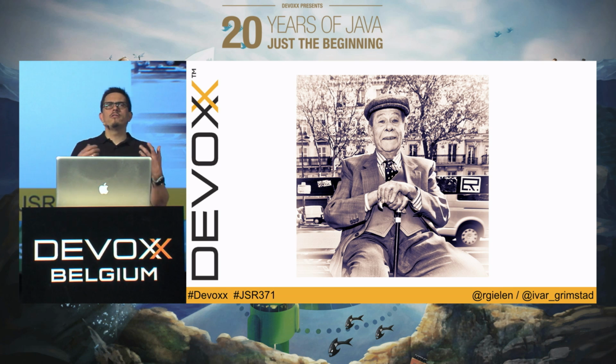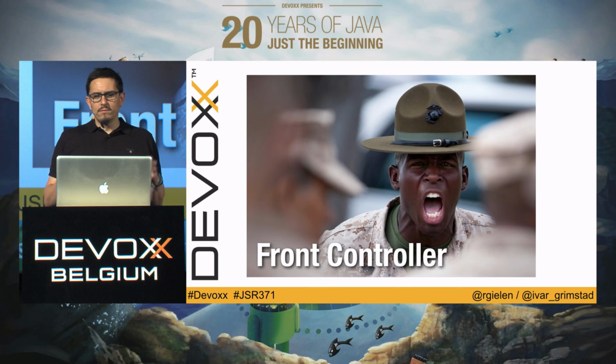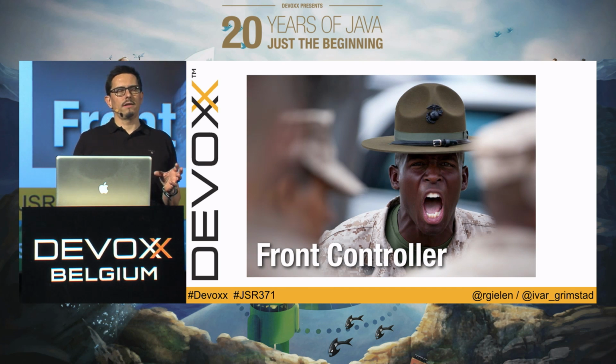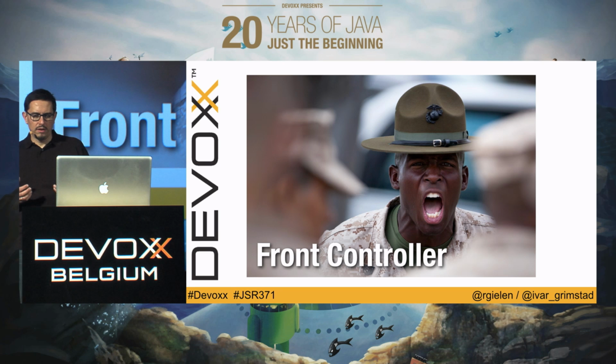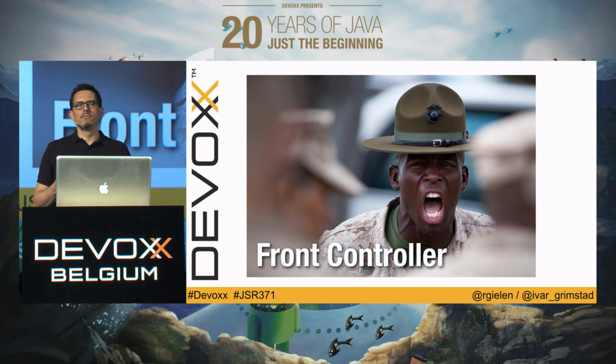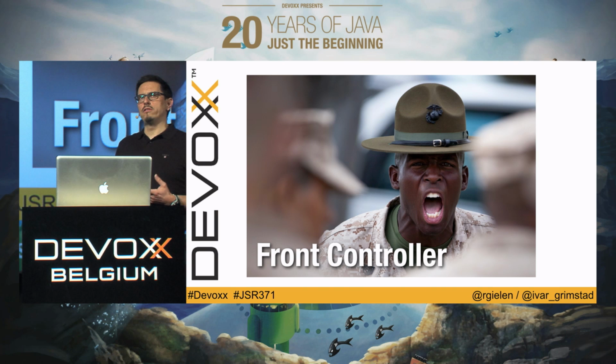But if I can do anything, I can help you by giving some historical context about what this JSR is about. So, basically, we had nothing by the time, and then came the Servlet specification, and we had some problems to solve. The Servlet specification helped us to deal with the HTTP protocol, but it led to fairly technical code, and it was hard to get into the business domain.